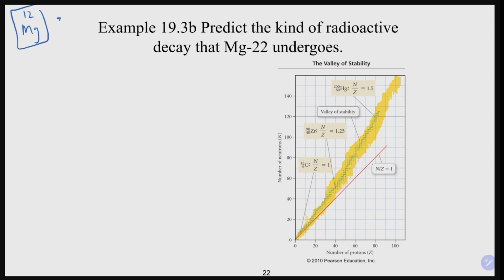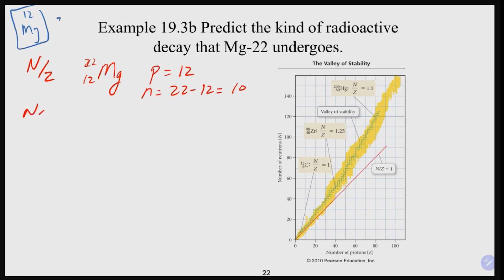Okay, let's take a look. First off, we want to figure out what the N to Z ratio is here. So magnesium, 12 on the bottom, 22 up on top. Our protons are equal to our atomic number. Remember, our neutrons are our mass number minus our atomic number, which in this case is 10.